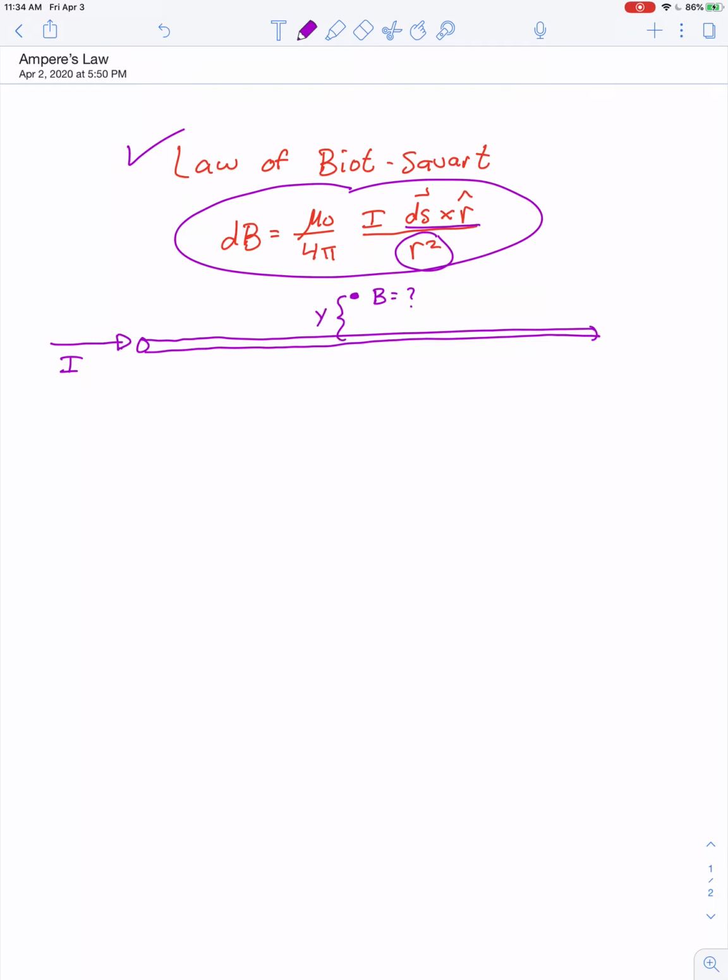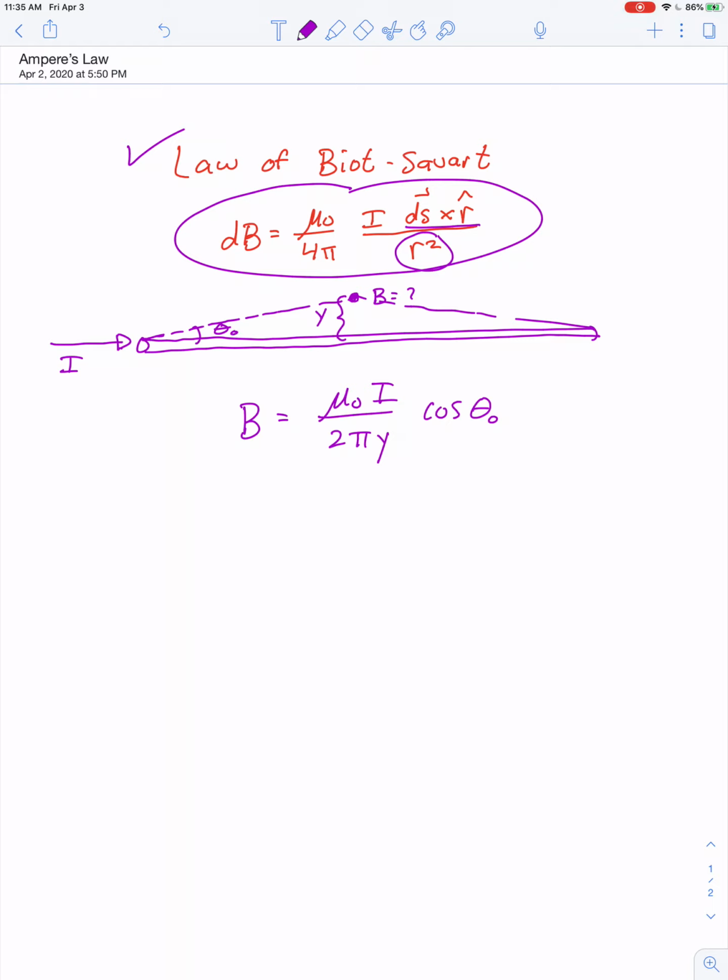The result, and you can go back and review that video if you need to, was that B is equal to mu naught I over 2 pi y times cosine theta naught. So if the wire has a finite length, then the distance from the point in question to either end of the wire can be thought of as having some particular angle, theta naught.